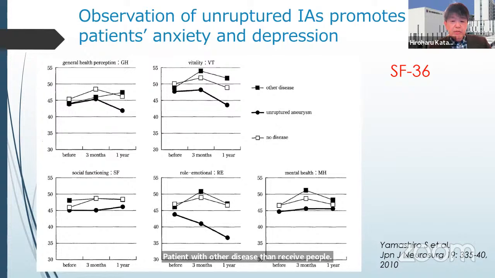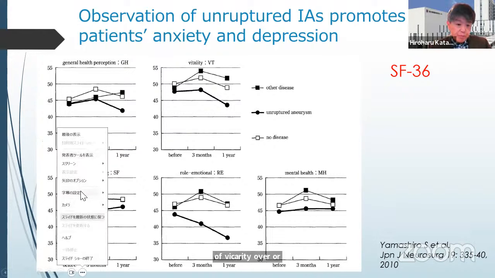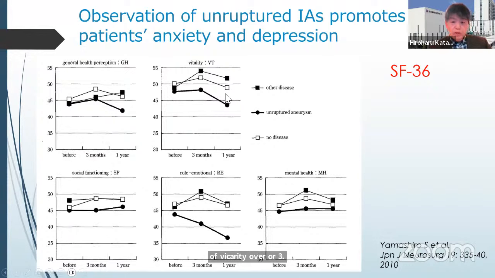Patients with unruptured aneurysm show a low score of vitality, and the score of emotional role falls after diagnosis. Patients with unruptured aneurysm suffer from anxiety and depression, maybe because they are afraid their aneurysm may rupture.